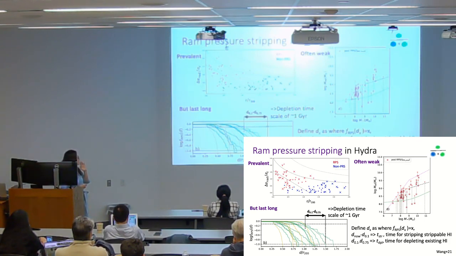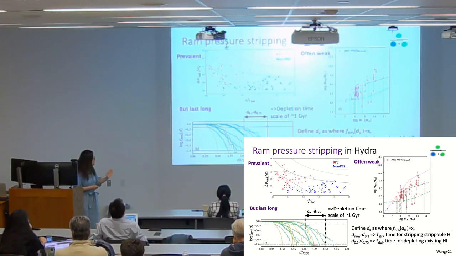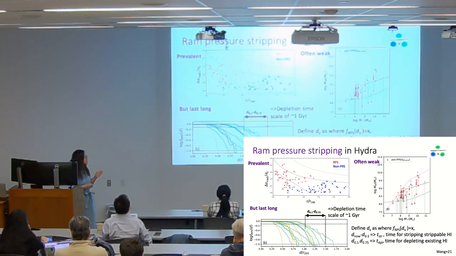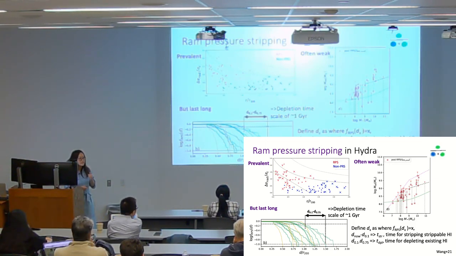We define d_x as the distance where F_RPS equals x, so that the difference between the actually observed distance and d_0.1 is a measure for the timescale of stripping the strippable H1. And d_0.1 minus d_0.75 is a measure of the timescale for stripping most of the existing H1.